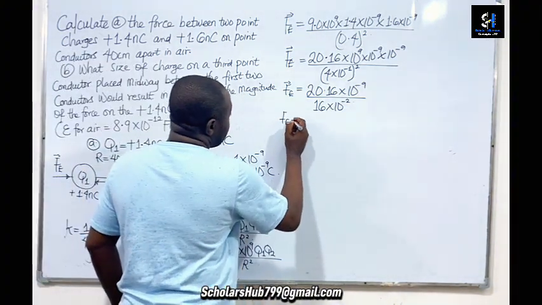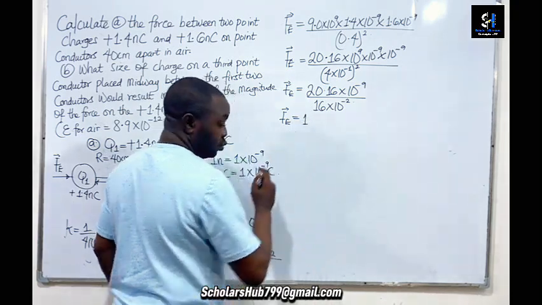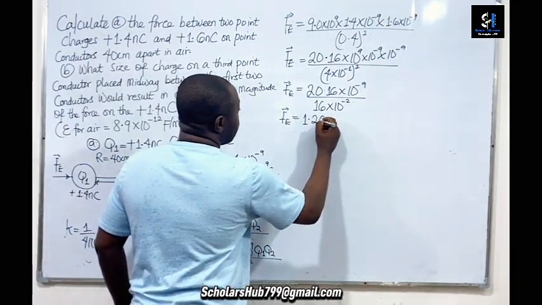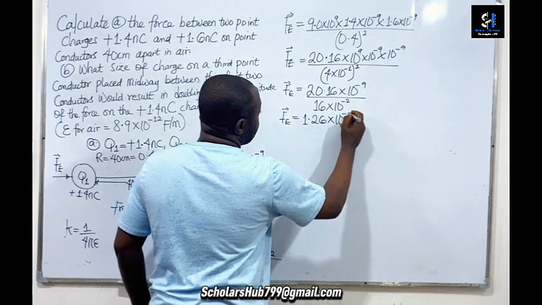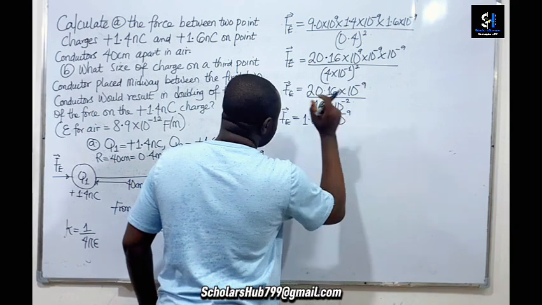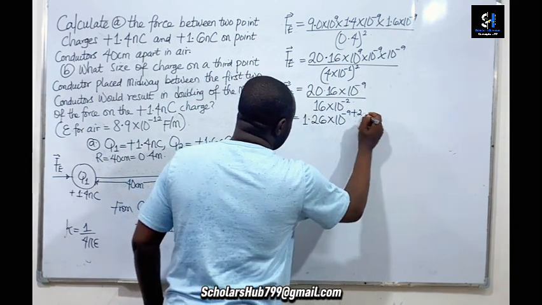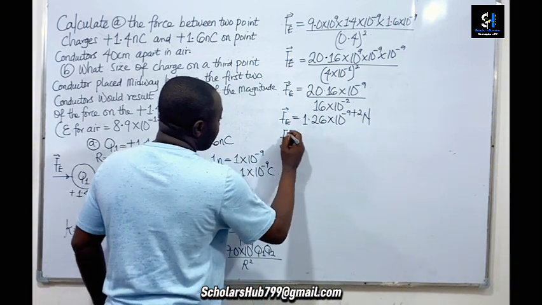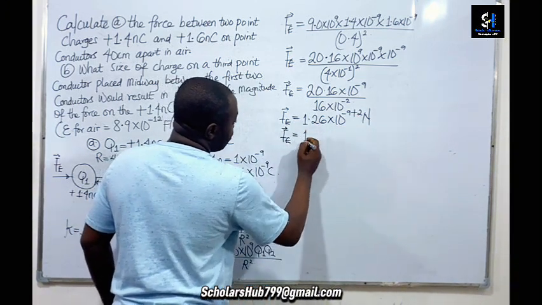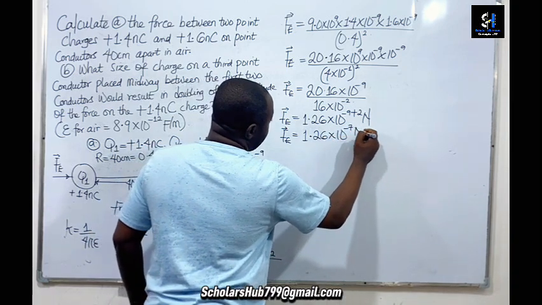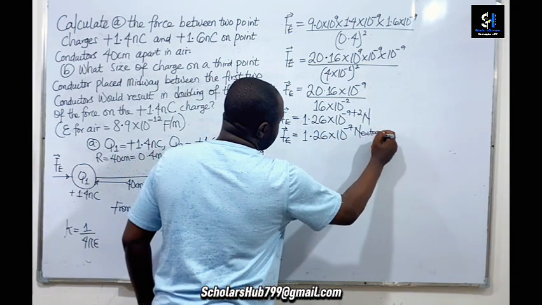So the electric force will be equal to 1.26 times 10 to the power of minus 9, then divided by 10 raised to the power of minus 2, that will be plus 2. Let's not forget that the unit of force is the Newton, so we have this to be equal to 1.26 times 10 to the power of minus 7 Newton.